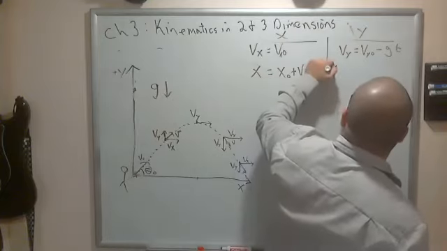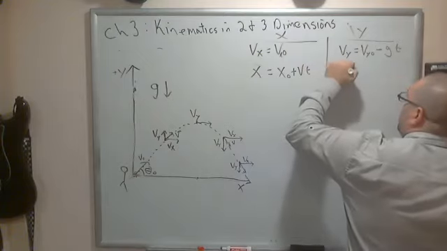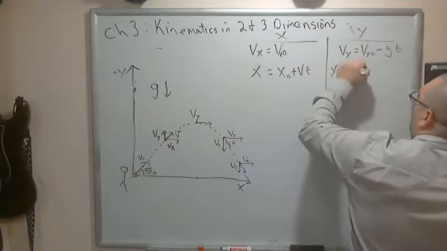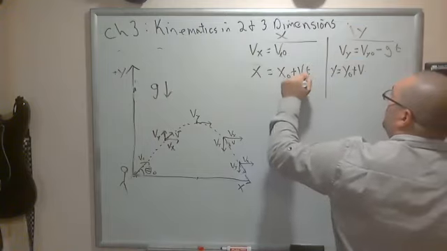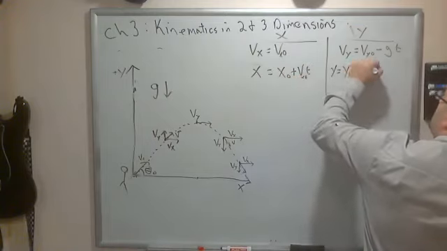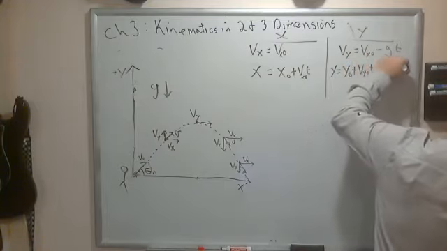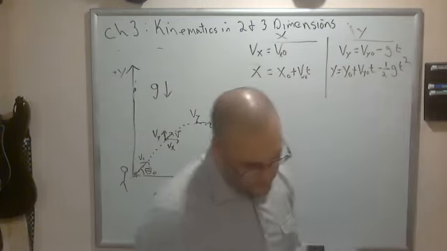All right. And then the y position is given by the full kinematic equation for position, which is y0 plus vy0 t minus one half g t squared, right?